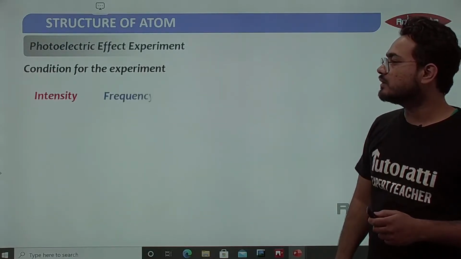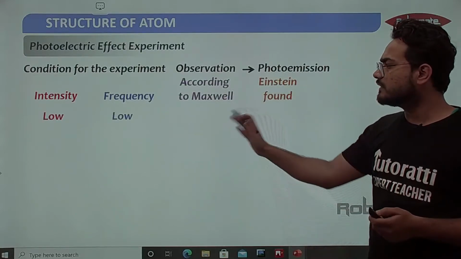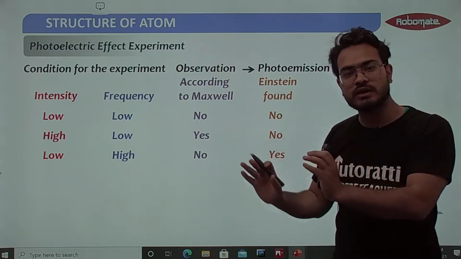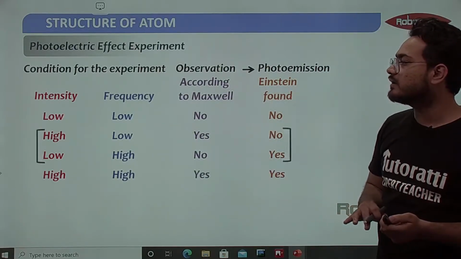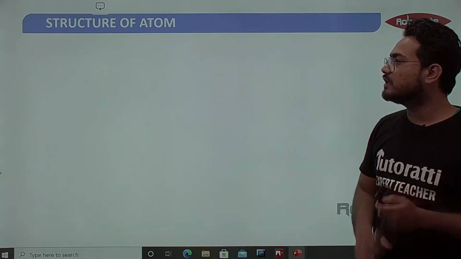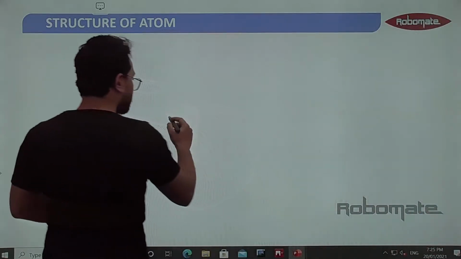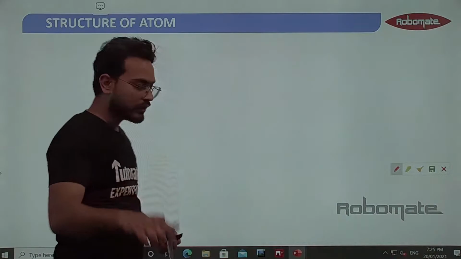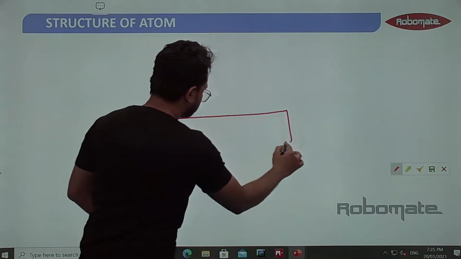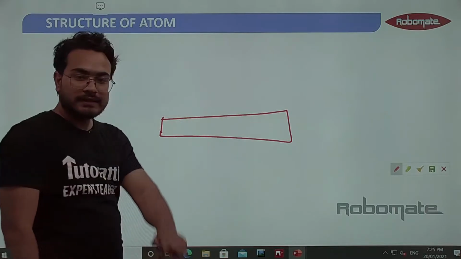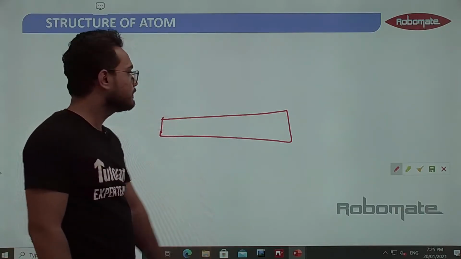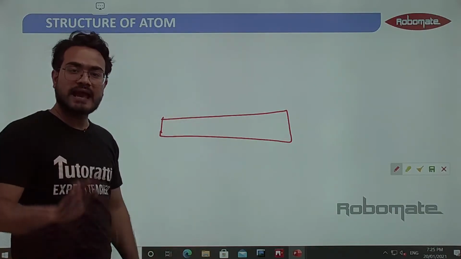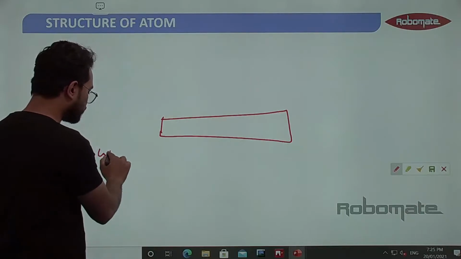Now, there are some different conditions, but I will tell you the exact conclusion, not the middle story inside it. Look at this metal. The minimum energy required to remove an electron is called work function.